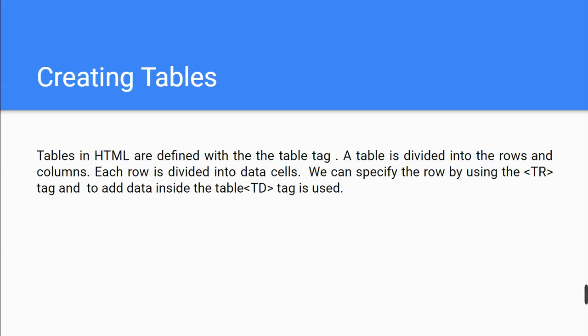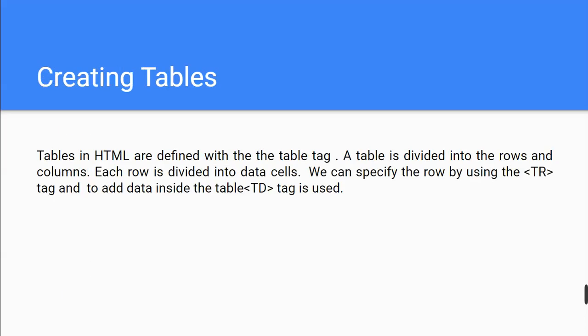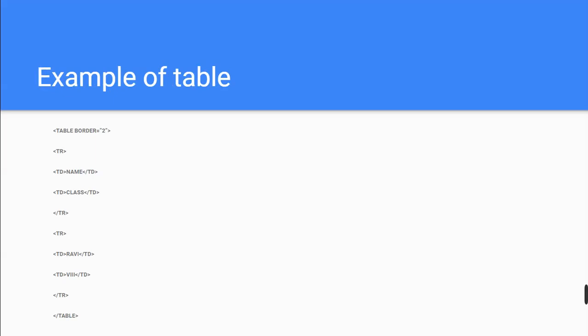So we can create a table in HTML, as you can see, by using the table tag, and we have to specify the border, because if we don't specify the border, the table will not be displayed. So it is really important that we should give some value to the border as 1 or 2 or 3. The more the value, the thicker the border is.